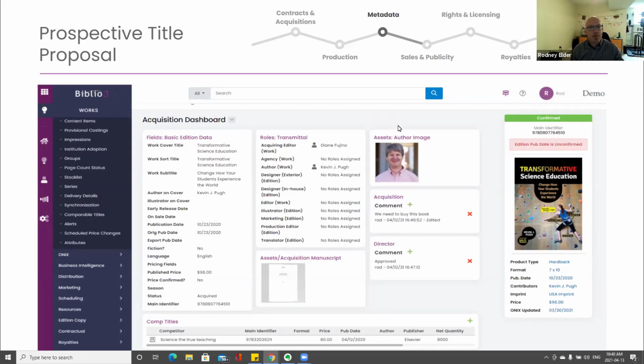Instead of that being in an offline document and not really visible to other areas, in Biblio you could have an acquisition dashboard where you can build up detailed information about a potential project. You can also record assets and have quick access to those assets, where you can click into the manuscript directly to make decisions, have it available for review, and have commenting in your meetings about whether you should approve or go forward, and why.